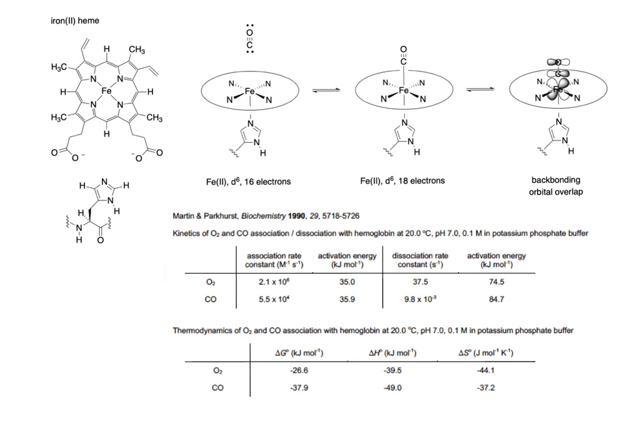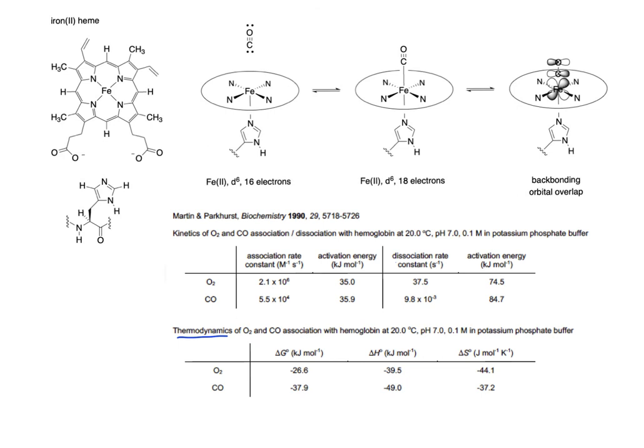Here are the thermodynamics for oxygen versus carbon monoxide association with hemoglobin. Both processes are exergonic and exothermic, and of course with two molecules coming together to form one complex, we expect that the degrees of freedom decrease, therefore there's a negative entropy term.